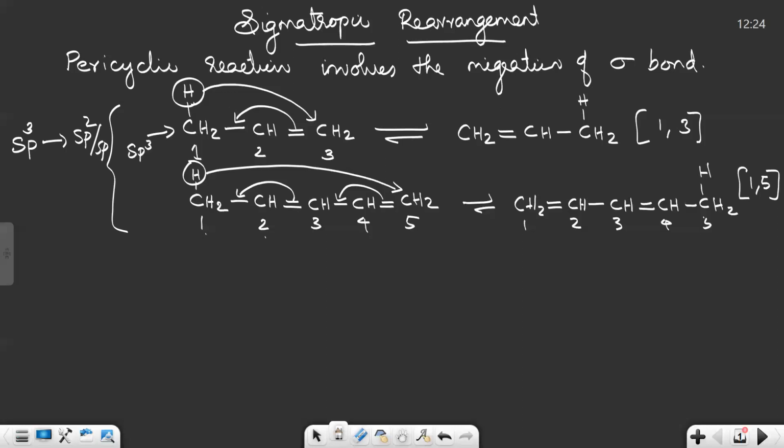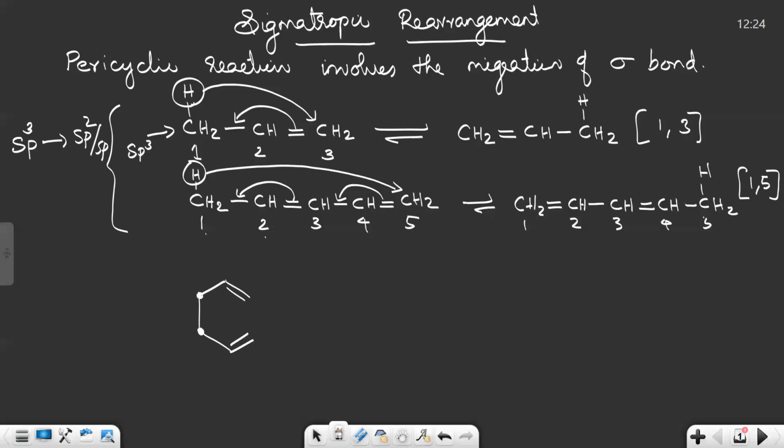Consider a third example, a compound like this. There are two double bonds. It is hexa-1,5-diene, right? Here you can see that there are two saturated carbon atoms in between.